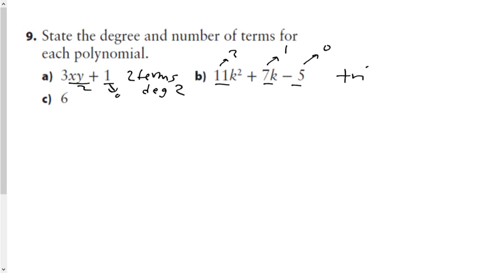Degree of 0, because there are no variables. So the degree for the entire polynomial is 2, the highest degree term. And finally, this monomial, a one-term expression. There is no variable, so therefore it is a degree of zilch, 0. There is no degree for terms that do not contain variables.